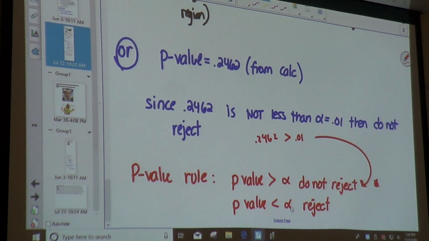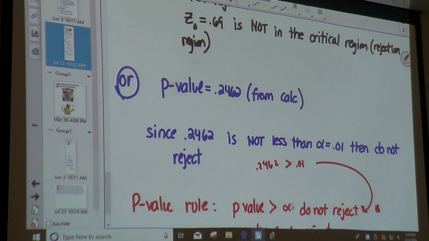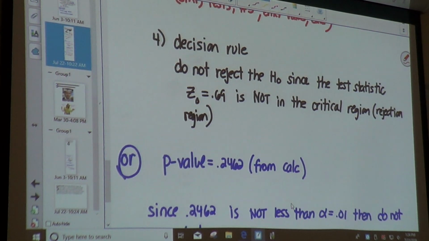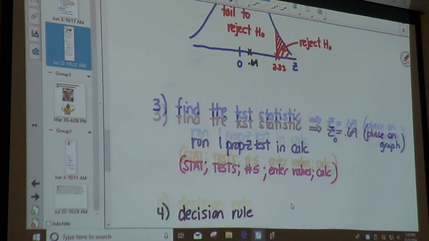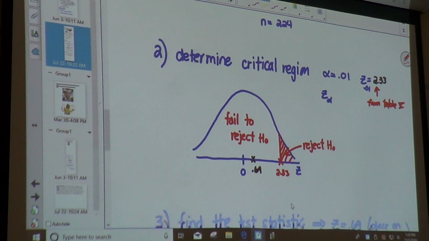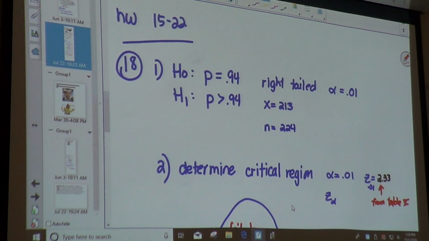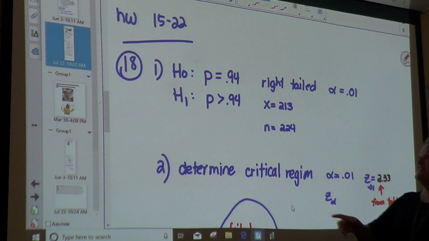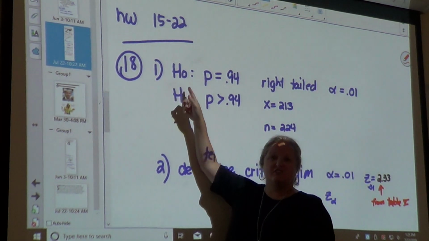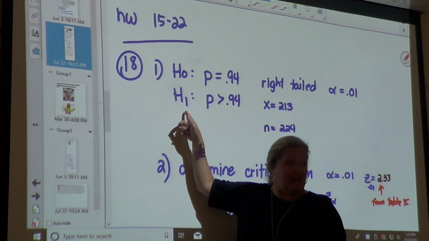Now, I was talking to one of my other instructors that work with me, and she said that some of her students get in the groove like mine are, and she was teaching her heart out and was going over this, and all of a sudden a student looked up and said, "Why are you teaching about being a hoe and high?" Instead of H naught and H1, they saw hoes and highs.